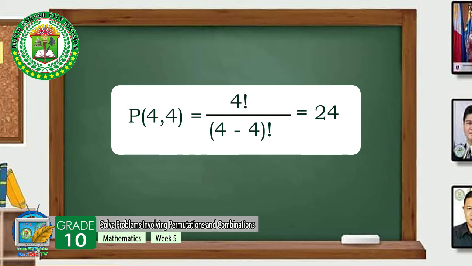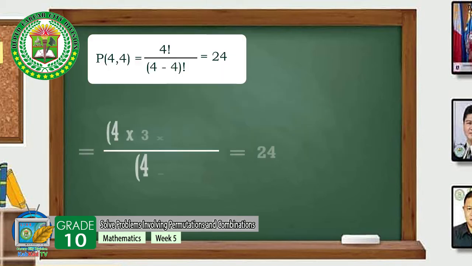So, replace the value of n and r to the formula, and that is P of 4 is equal to 4 factorial all over the quantity of 4 minus 4 factorial, and that is equal to 24. Why 24?